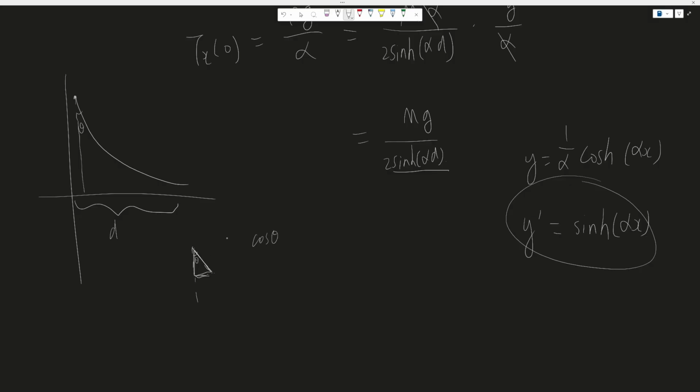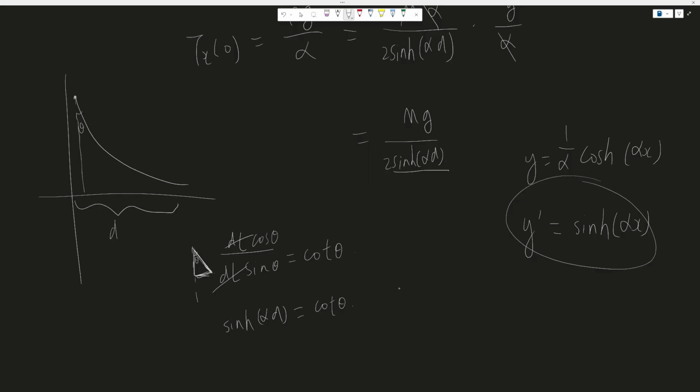We can call it anything. Let's just call it dL. And what about this here? What is it? dL sine theta. And dL cancels, and that's why it doesn't matter here. And this is basically cotangent theta. And then we also know that hyperbolic sine alpha d is also the slope of this segment. So then hyperbolic sine of alpha d must equal cotangent theta, right?